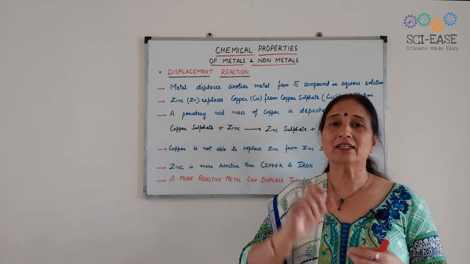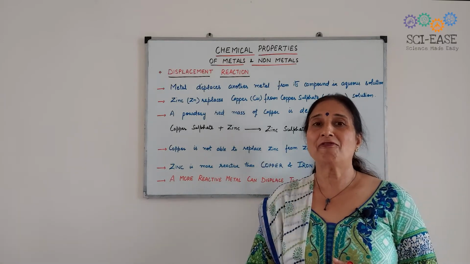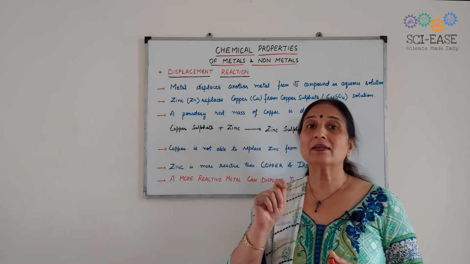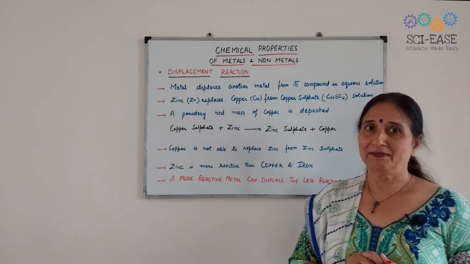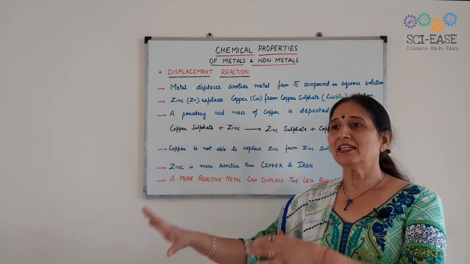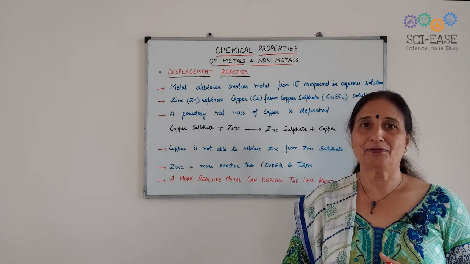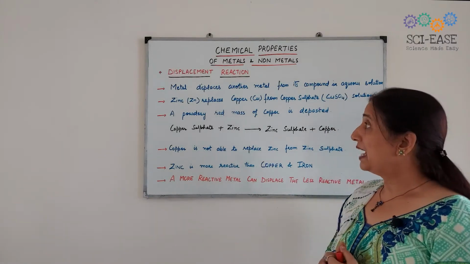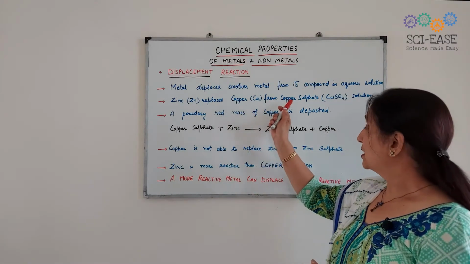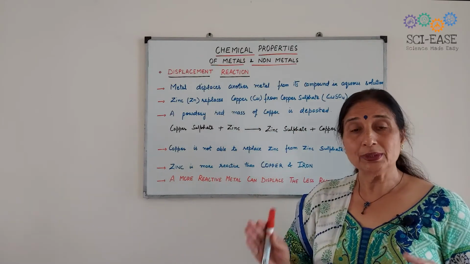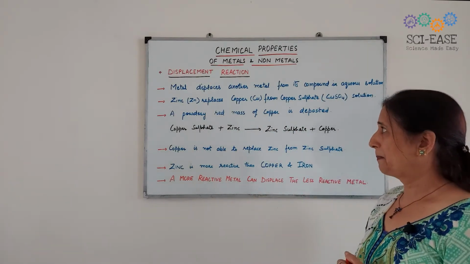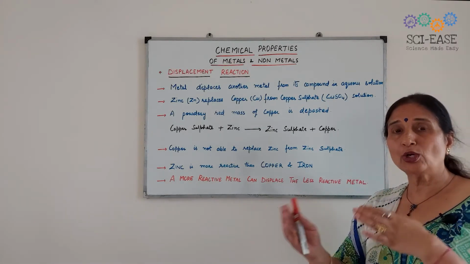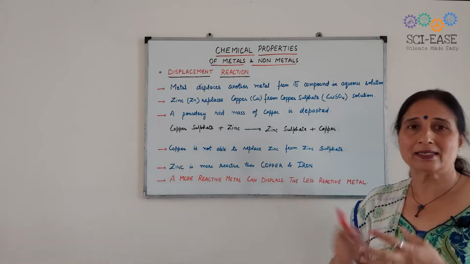We will take a beaker, fill it half with copper sulfate solution, put a zinc rod in it and keep the set aside for a few hours. What you will observe is that the color of the copper sulfate, which I have told you is blue in color, and you will see that the solution has become colorless.